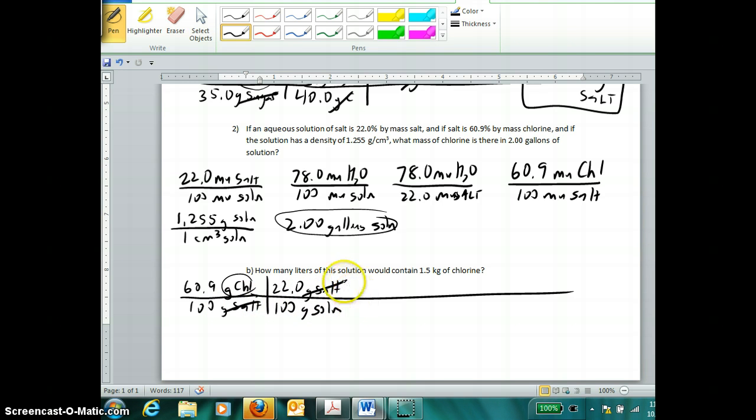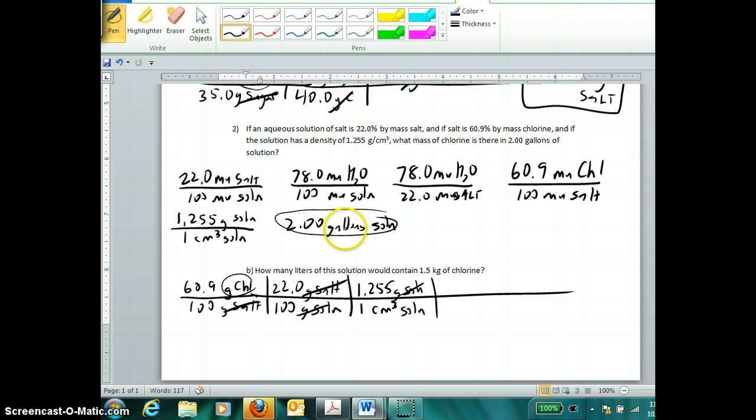Cancel the salt, replace it with solution, but now I can use this mass of solution to cancel the mass of solution. 1.255 grams solution is equal to 1 centimeter cubed of solution. Mass of solution cancels, and I have a volume of solution to cancel.